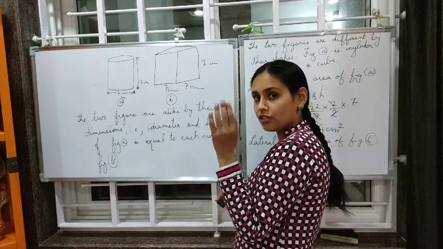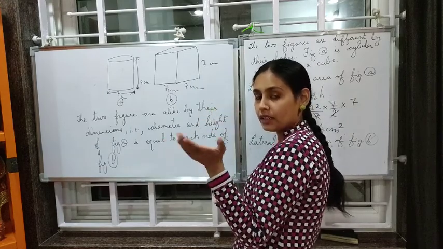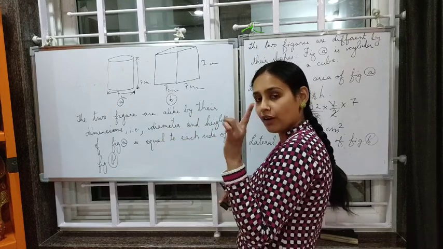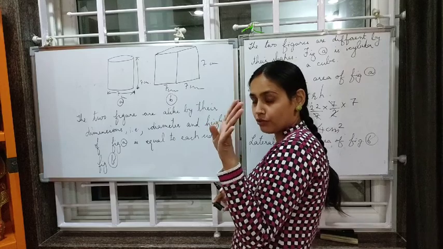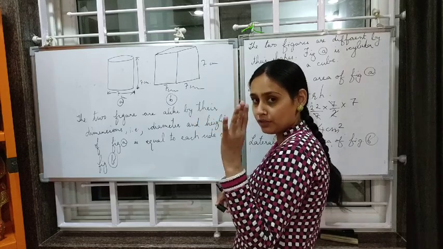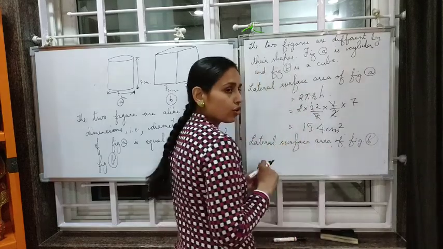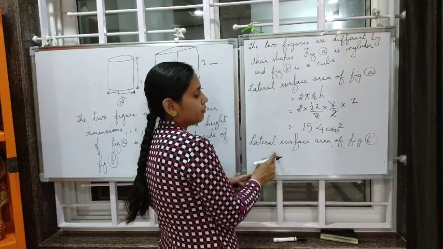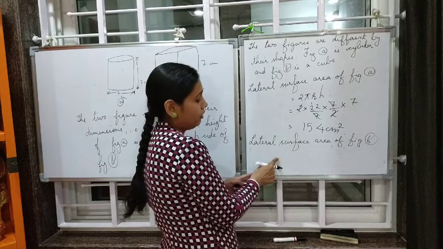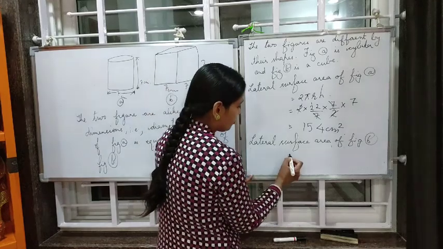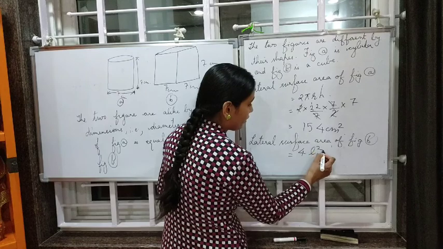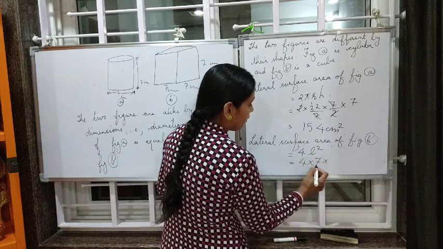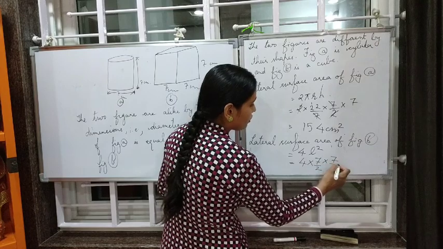And the area of each square is side into side, that is side square, or you can say L into L, that is L square. So for one face it is L square, so for 4 faces it will be 4 L square. This also we have done before, the derivation of the formula for the lateral surface area, okay. So it is equal to 4 L square, which is equal to 4 into 7 into 7.